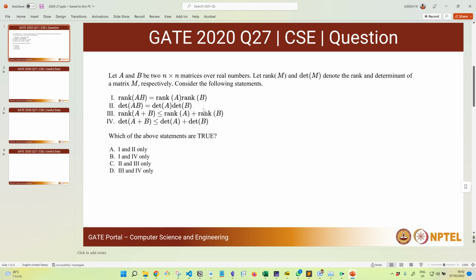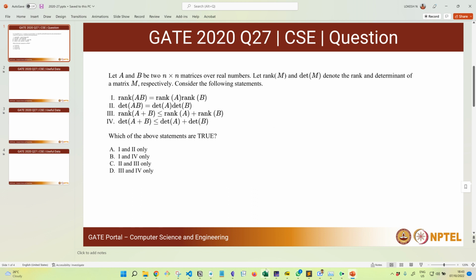Is the first statement correct? Any idea, or do you want me to solve it?